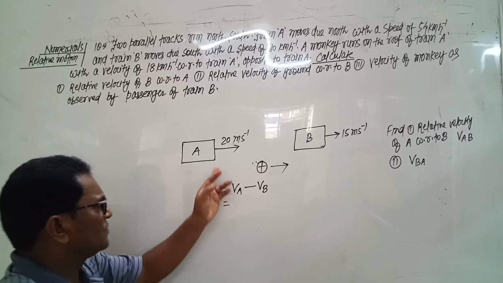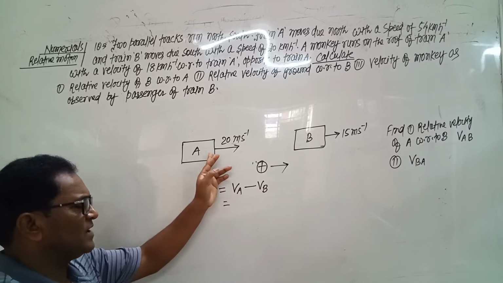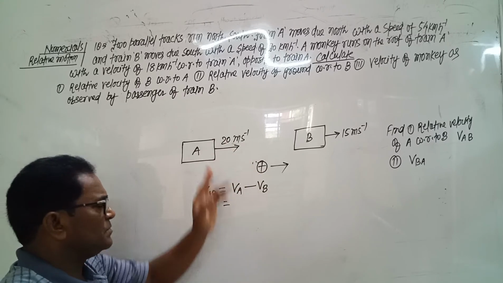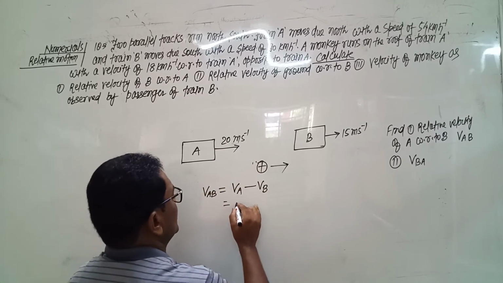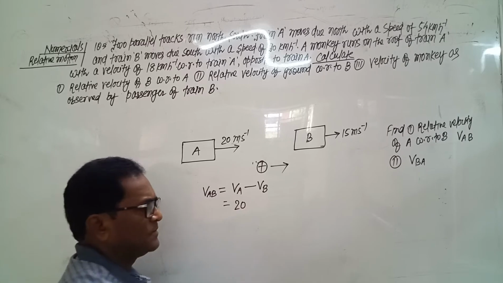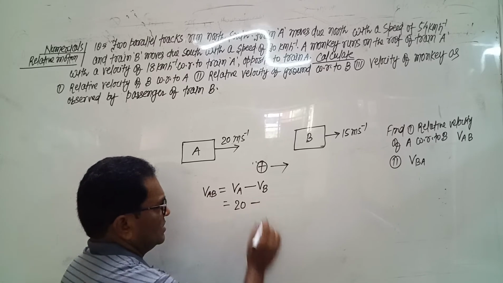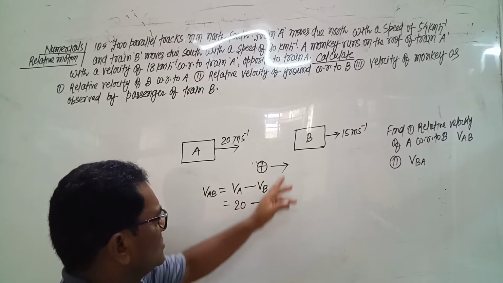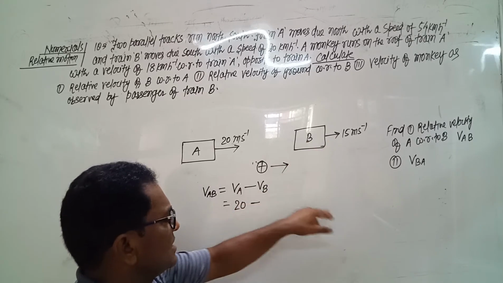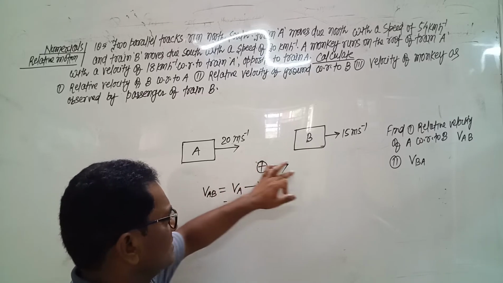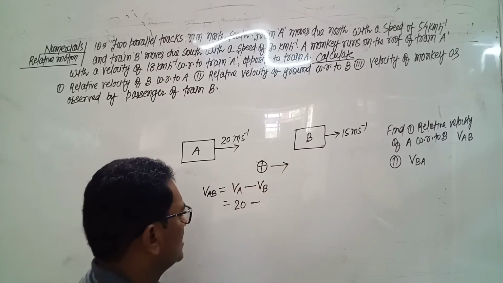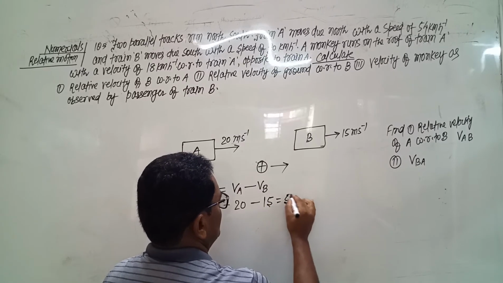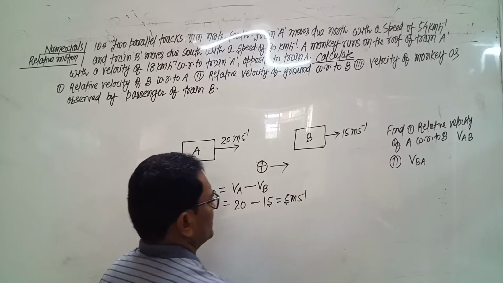The direction of A and our supposed direction are the same, so 20, the velocity of A, is taken positive, minus the velocity of B. The direction of car B and our supposed direction are the same, so it is also taken as positive. 20 minus 15 is 5 meter per second.